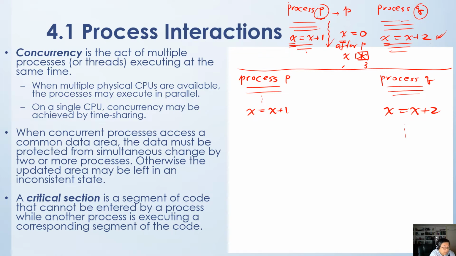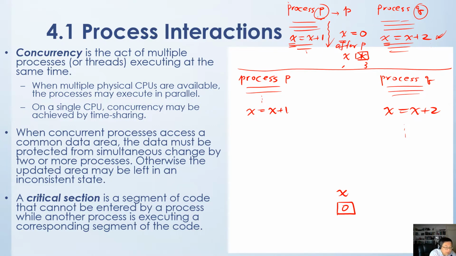Now what happens? Initially the value of x is still 0. The P and the Q are running concurrently.